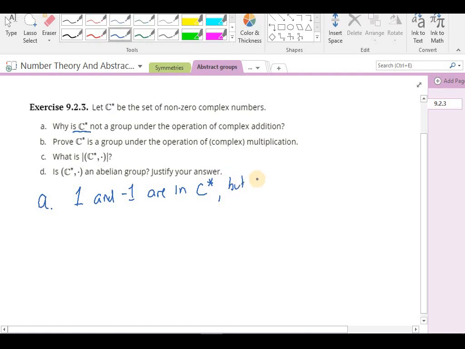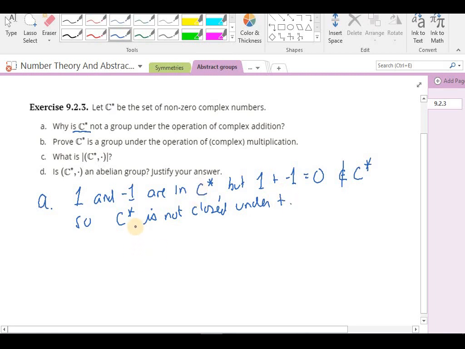But 1 plus minus 1 is equal to 0, which is not an element of C star. So C star is not closed under addition. That's all you need to write.